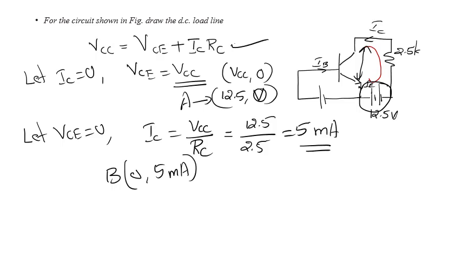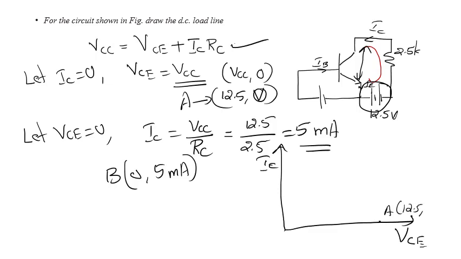So our load line will be drawn on the output characteristics. Here the x-axis is given by VCE and the y-axis is given by IC. So the point A is this one, 12.5 and 0, and the point B is this one, 0 and 5.